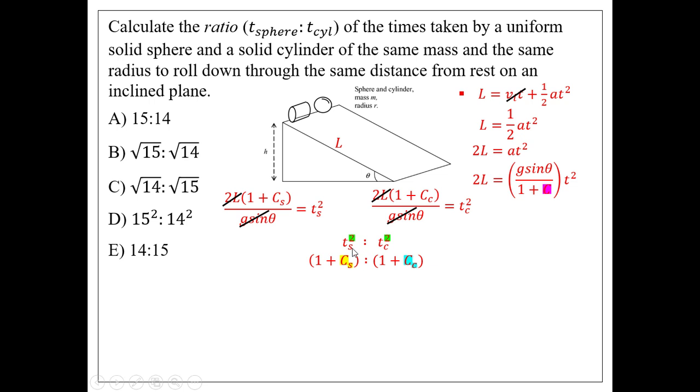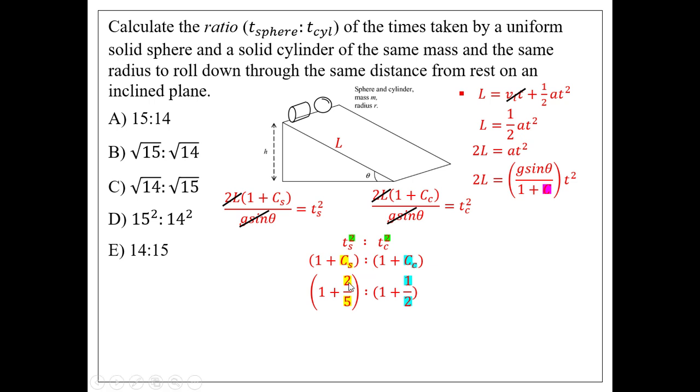So I'm just going to replace t sphere squared with the true statement. Like I said, t sphere squared here is just 1 plus c, the moment of inertia constant for the solid sphere, and that's down there. Likewise, the same trick is used here for the cylinder, which is 1 plus c of the cylinder. And here really is just plug and chug.